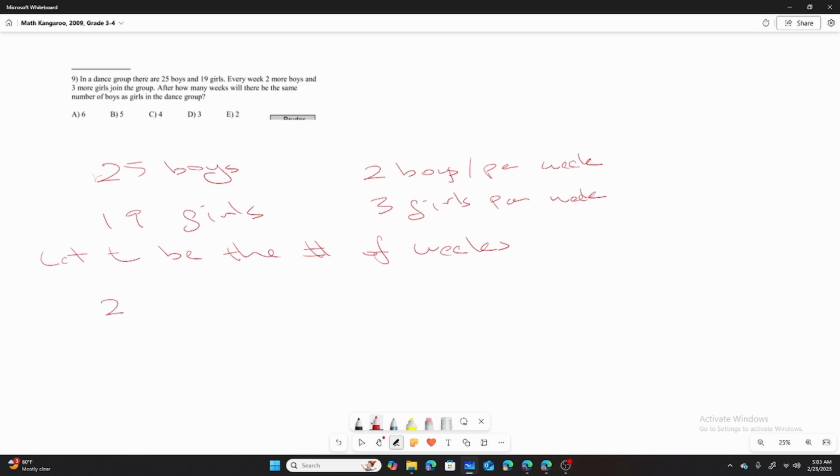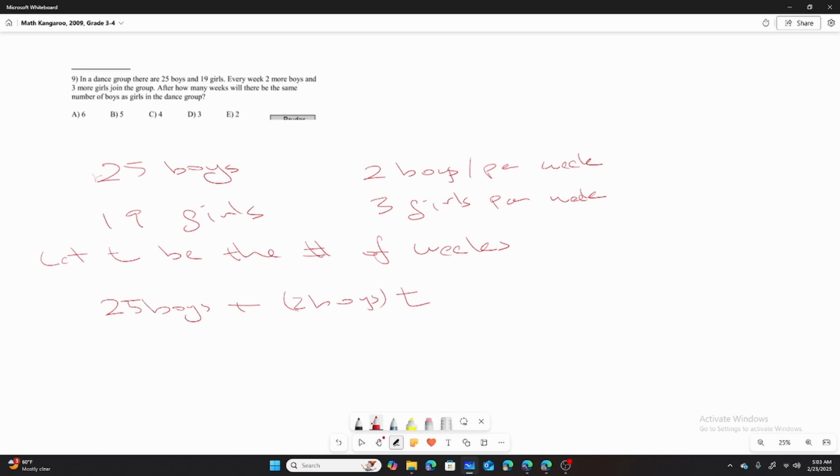The number of boys starts off at 25 boys, plus 2 boys per week times t. So this is the total number of boys at t weeks, where t is the number of weeks.